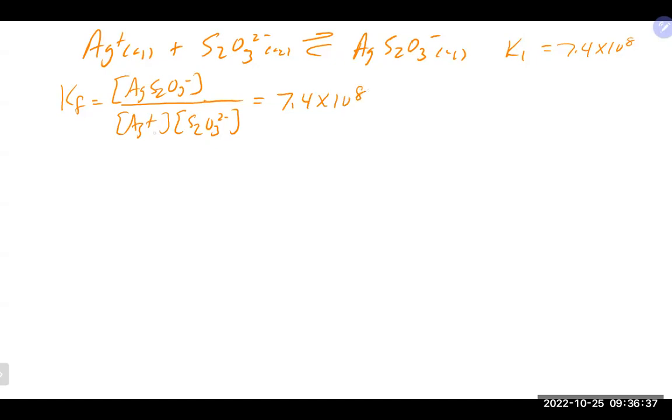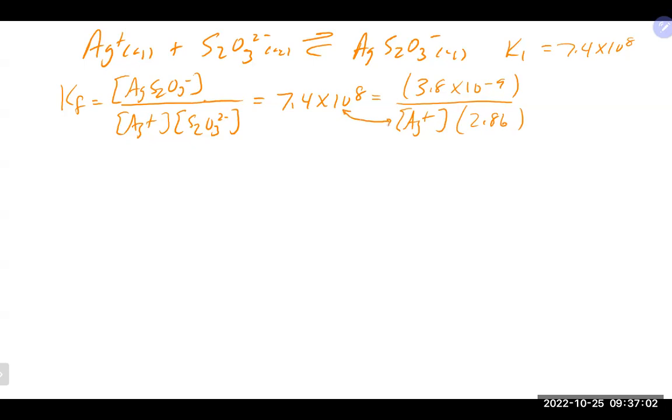Once again, we are looking for the silver concentration. So we do have the intermediate, which we just calculated. That was 3.8 times 10 to the minus 9, I believe. We are looking for the silver here. And this guy is still 2.86. Once again, mathematically speaking, these two guys are basically just going to switch places.